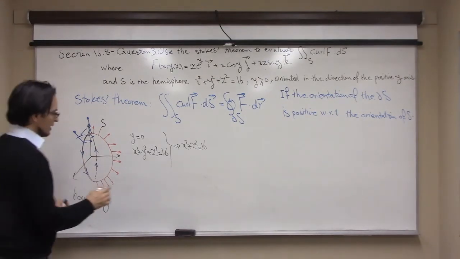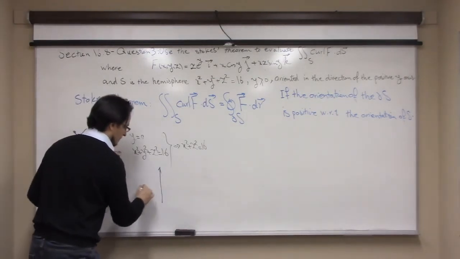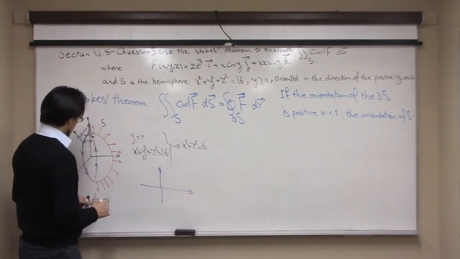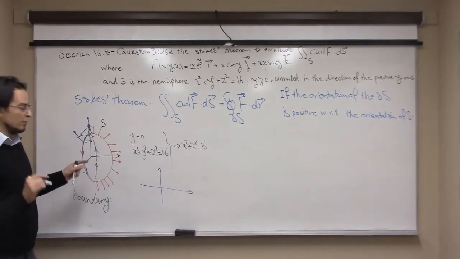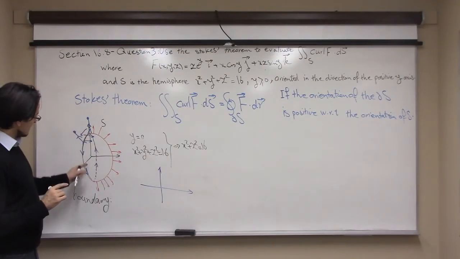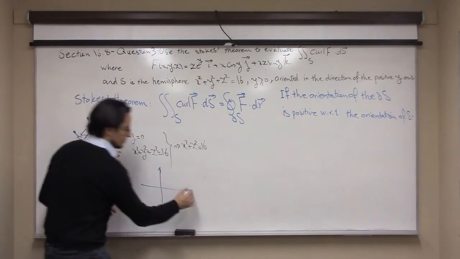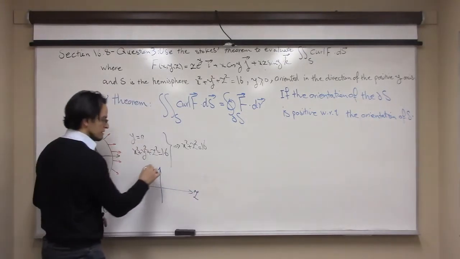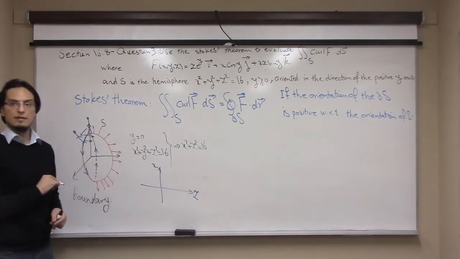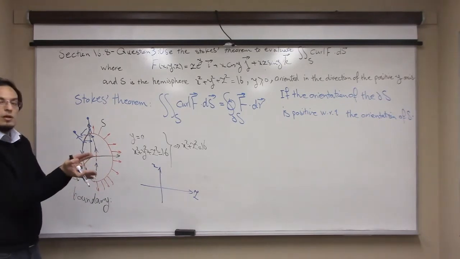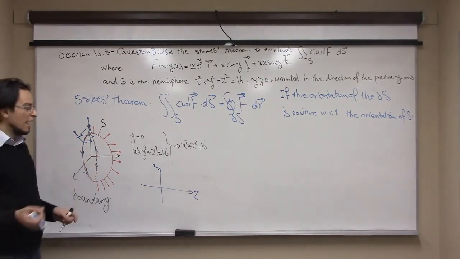Okay, let me draw it here. I have to be careful because you see this is the z-axis, this is the x-axis. How should I put them? I should put them like this: z is this, x is this, because I want to get the standard axes.